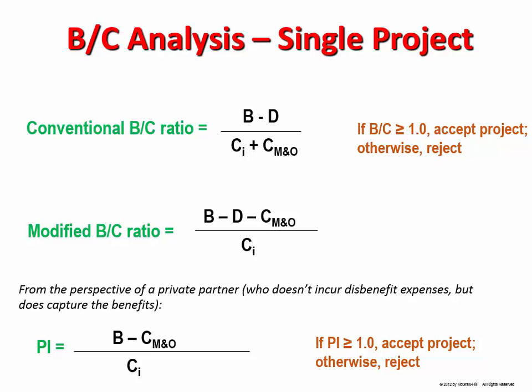And so sometimes, just to double check, we'll look at what's known as the profitability index. That's what PI stands for, profitability index. In the case of the profitability index, a company is responsible for, if they capture the benefits, both the maintenance and operation and the initial construction costs.